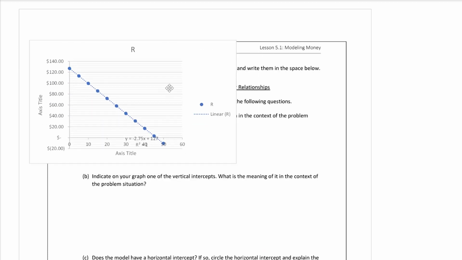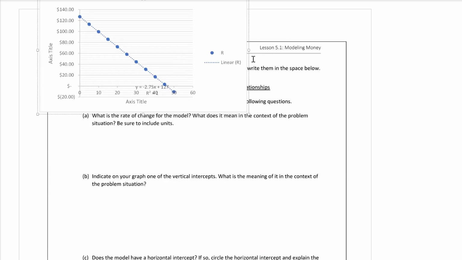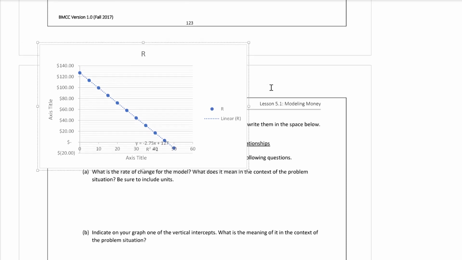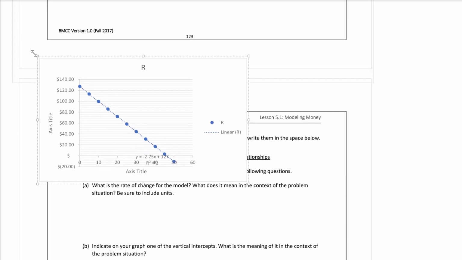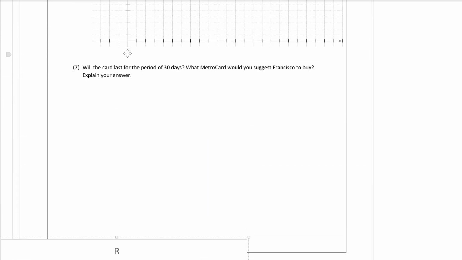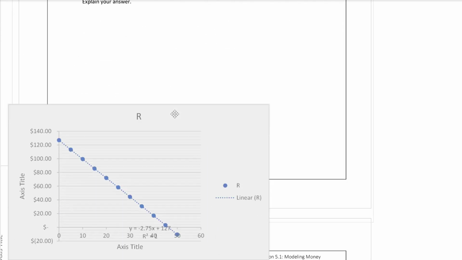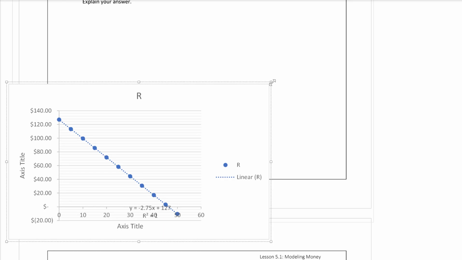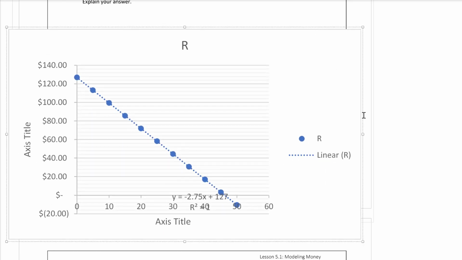All right, it's asking us to describe the relationship. So this is going to be good enough, right? So let me zoom this out this way. Okay. I can actually have the space right here, so you can clearly see what's going on. All right, so you can also graph it by hand.